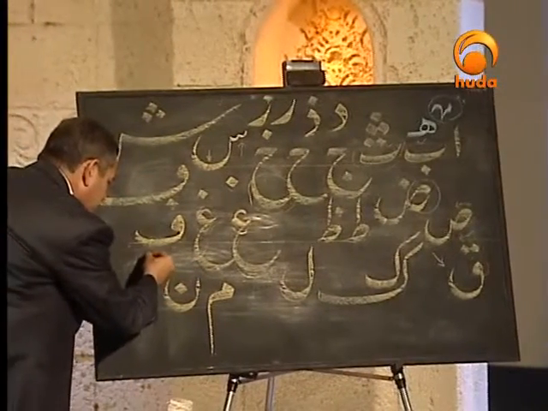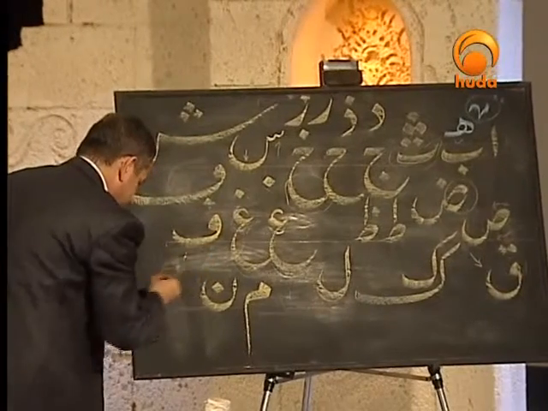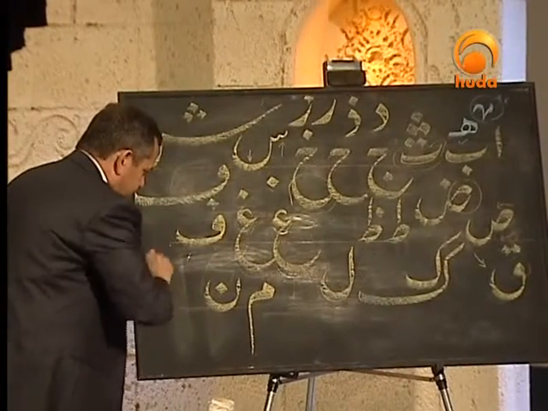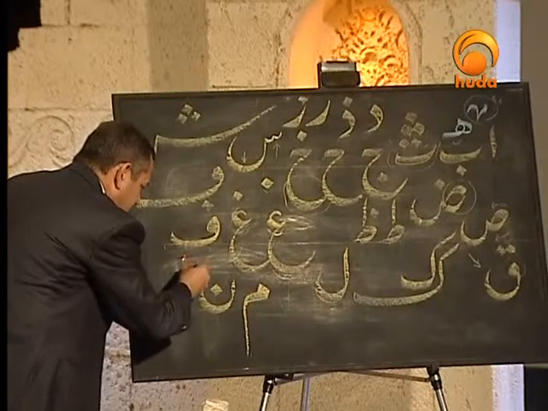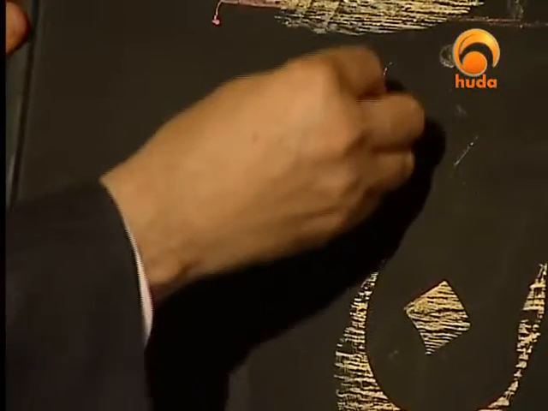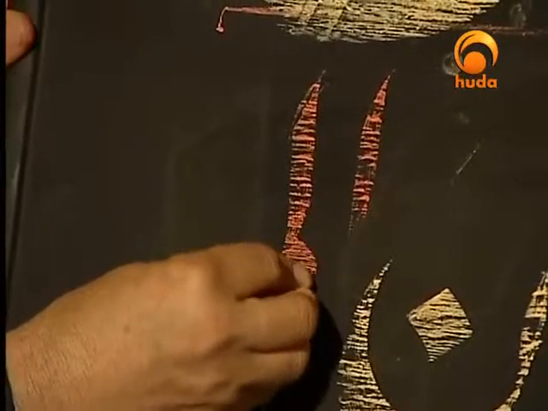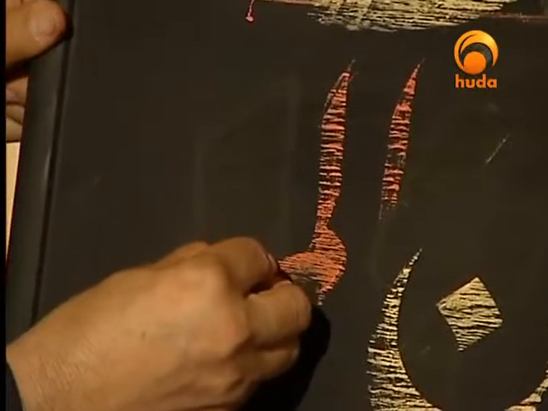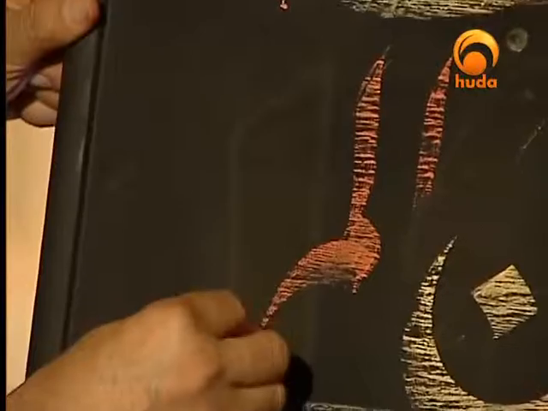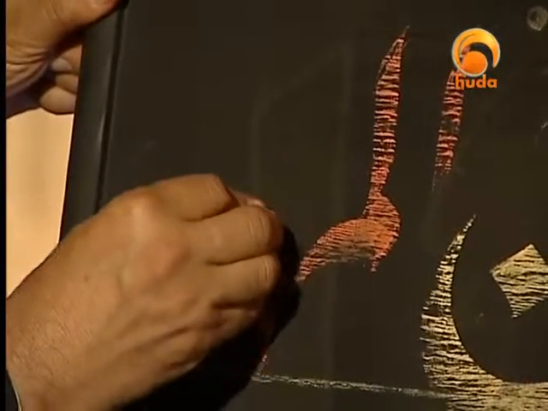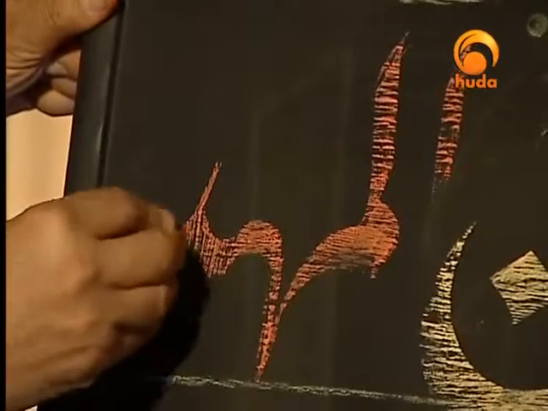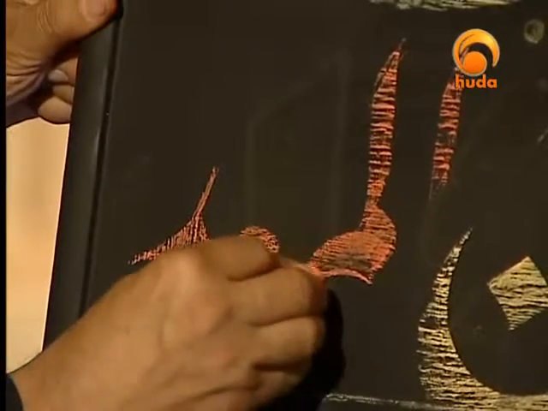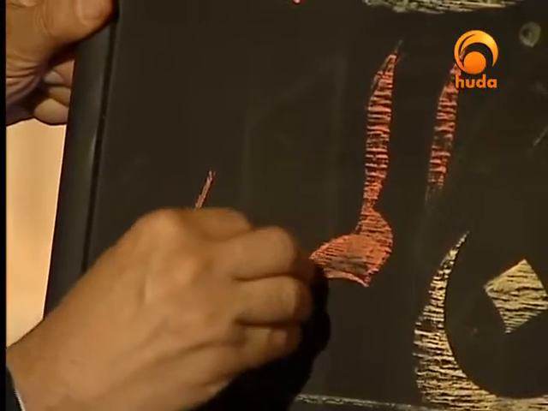Suppose I'm making al-mahd. Lam, mim. This is ha in the middle. So you look at this one, ha in the middle.